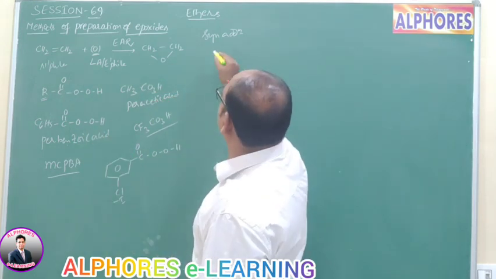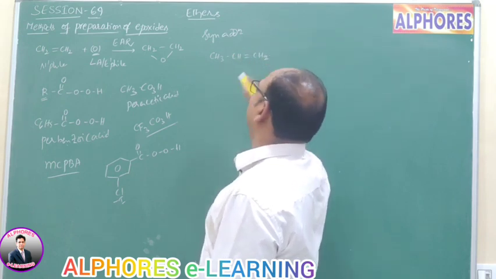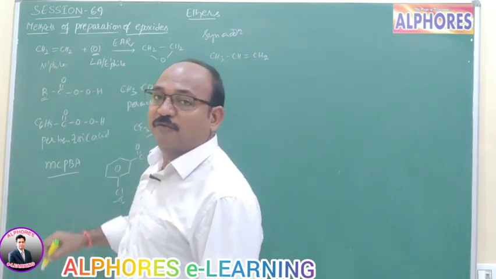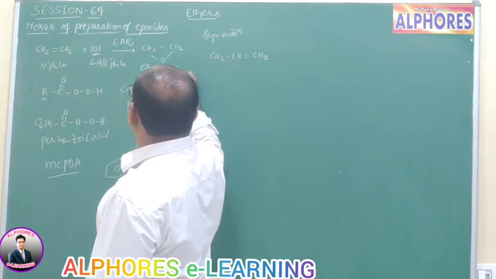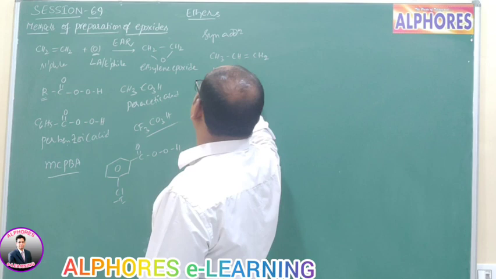Now I am going to consider CH3CH double bond CH2. This is propene. Here ethene I am also going to use. When I use ethene we get ethylene epoxide, and when we use propene we get propene epoxide.